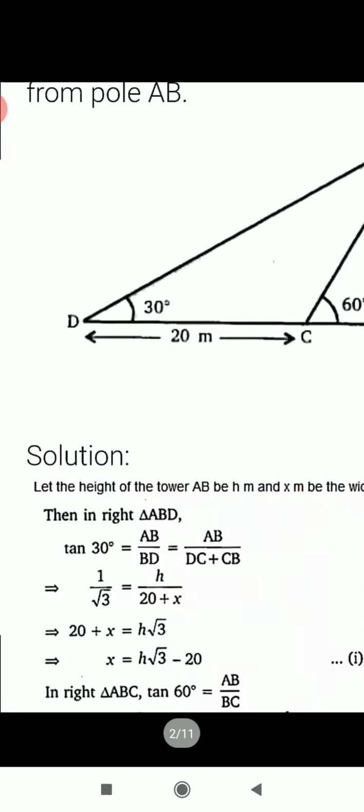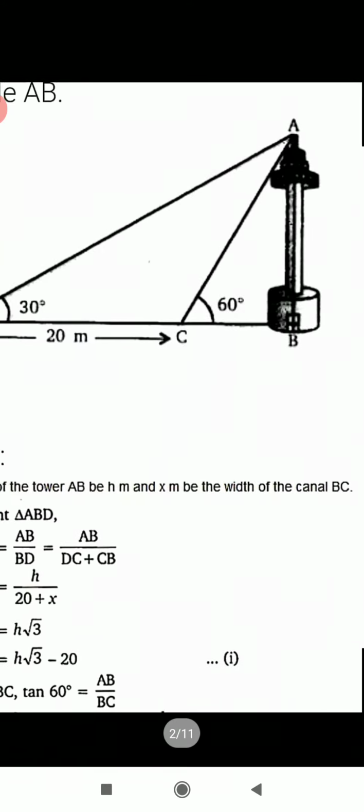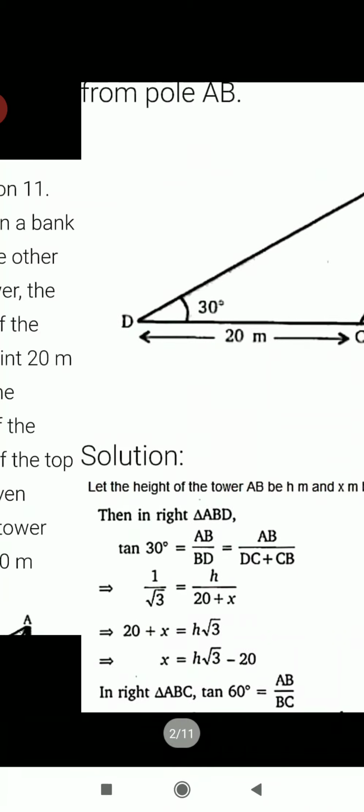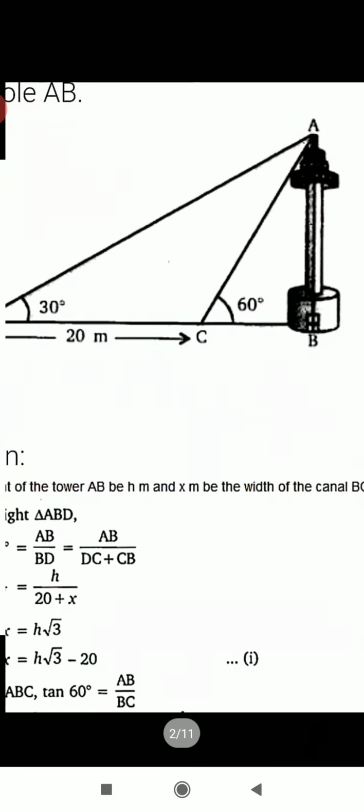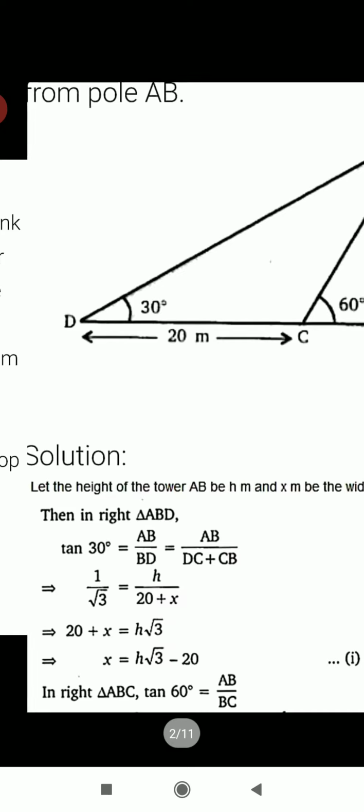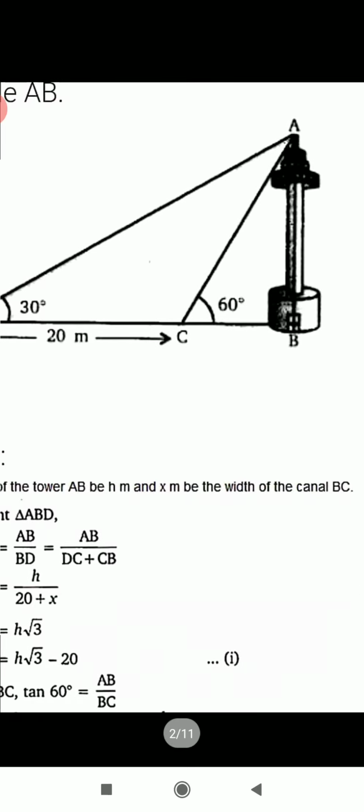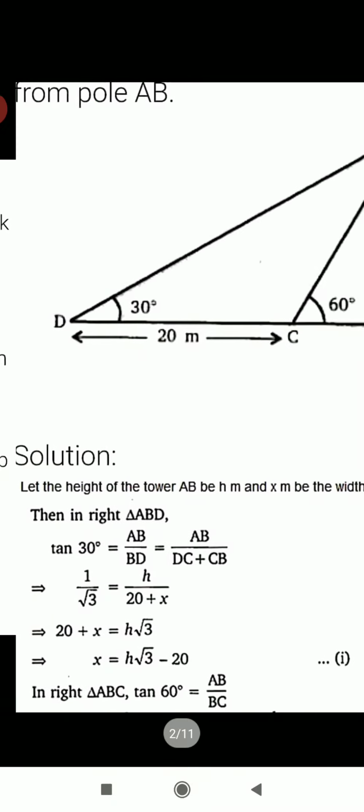Now in right triangle ABD, in the figure you can see, tan 30 is perpendicular upon base, perpendicular is AB and base is BD. So BD is DC plus CB, and DC is given as 20 meters.